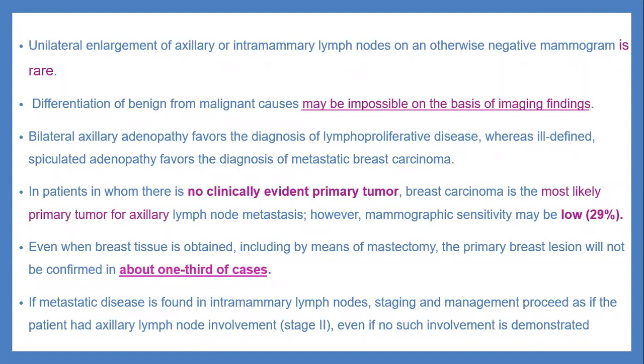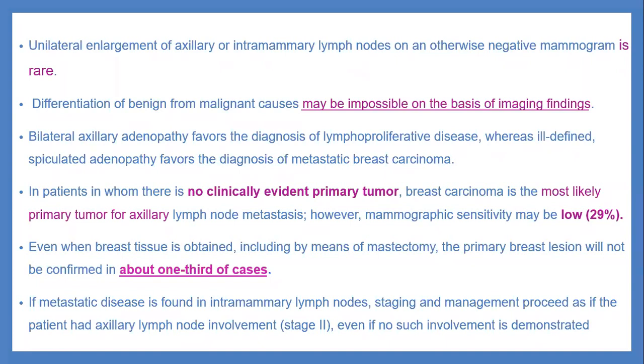As you know, the mammographic sensitivity can be as low as 29 or 30%, so the cancer can be occult. Even when breast tissue is obtained, including by means of mastectomy, the primary breast lesion will not be confirmed in about one third of the cases. For that group, you are searching for the primary site of the tumor.